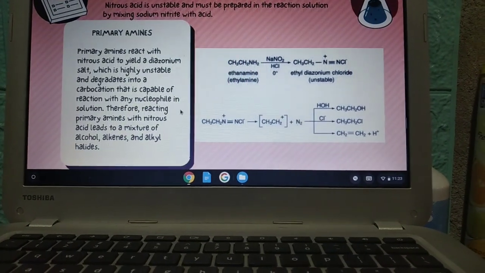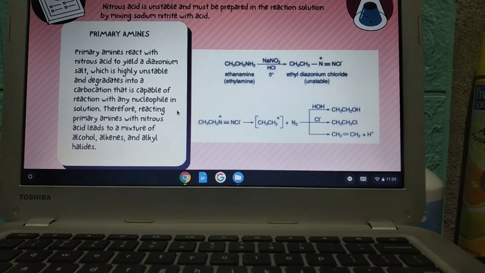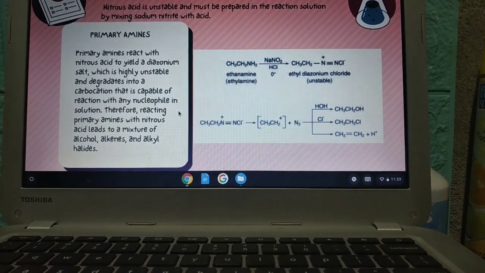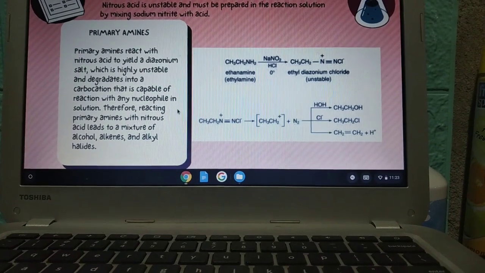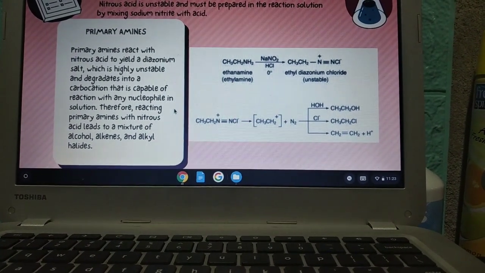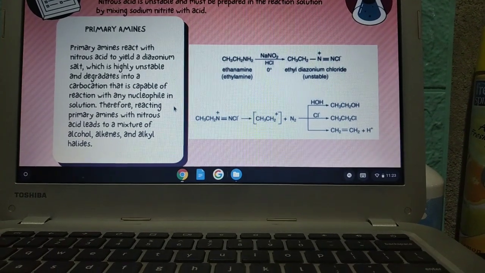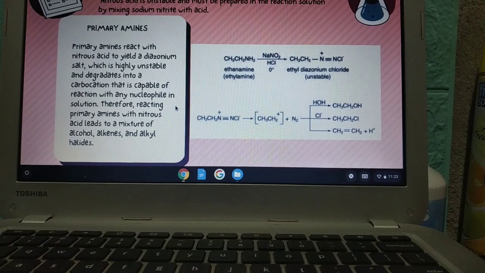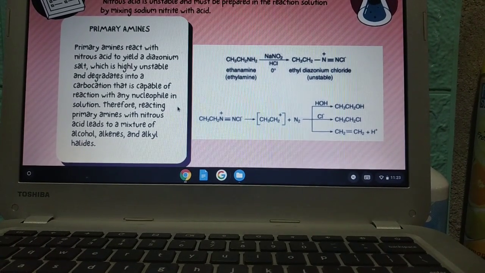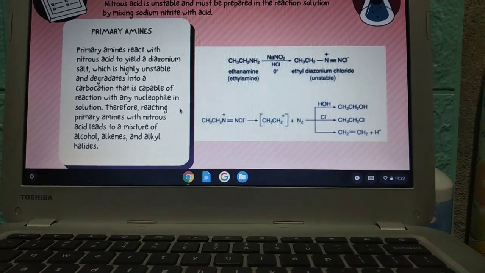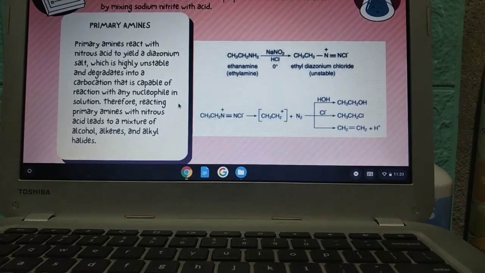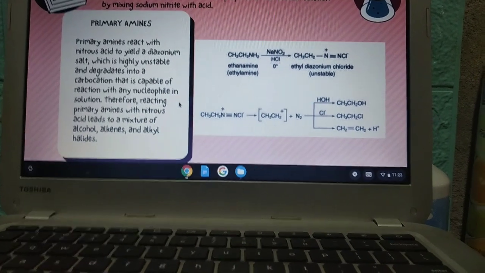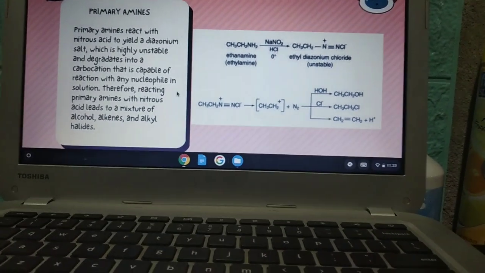Primary amines react with nitrous acid to yield a diazonium salt, which is highly unstable and degrades into a carbocation that is capable of reacting with any nucleophile in solution. Therefore, reacting primary amines with nitrous acid leads to a mixture of alcohols, alkenes, and alkyl halides.